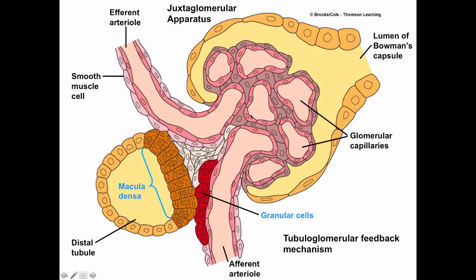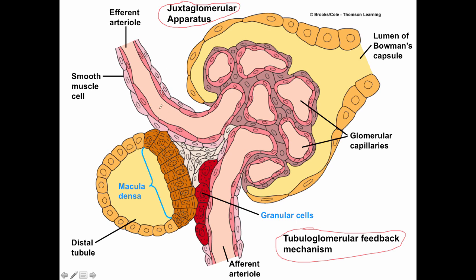This area, the juxtaglomerular apparatus, operates a mechanism called the tubuloglomerular feedback system, which is autoregulation. So tubuloglomerular feedback is autoregulation, and it's controlled by the juxtaglomerular apparatus. So how does this work?